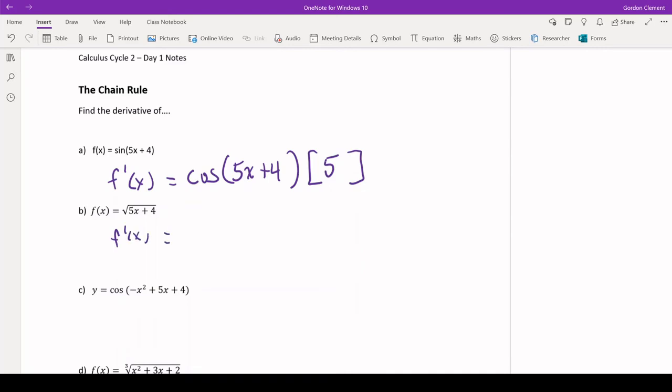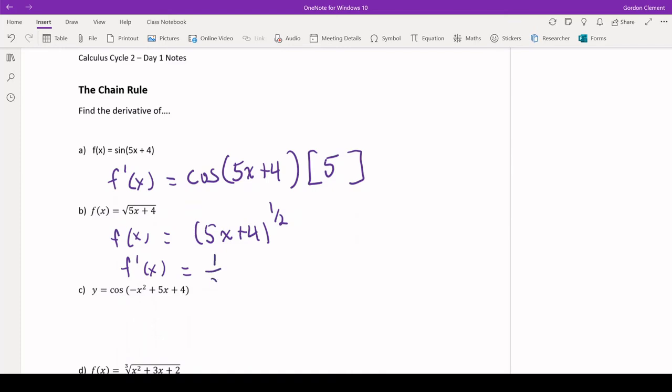And this explains this example that we could do from first principles, but we didn't really have an explanation of why this works. So I'd rewrite that as this. I've just rewritten it, don't lose communication marks, that's still f of x. What my chain rule says to do is do the derivative of the outside. So this is something to the half.